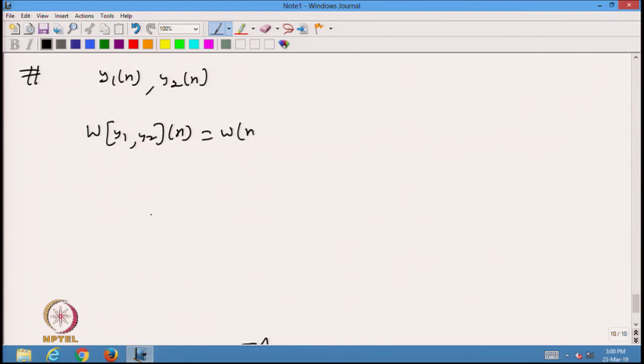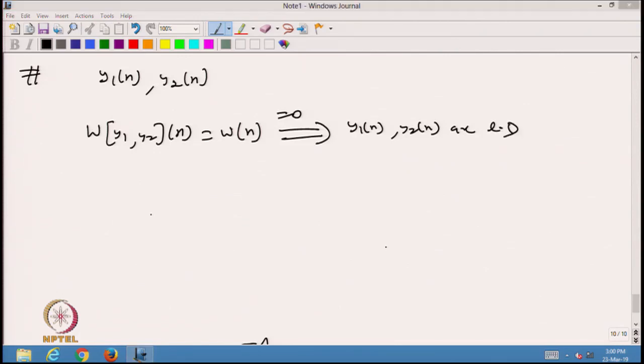If this Wronskian is equal to 0, then my y1(x) and y2(x) are linearly dependent.